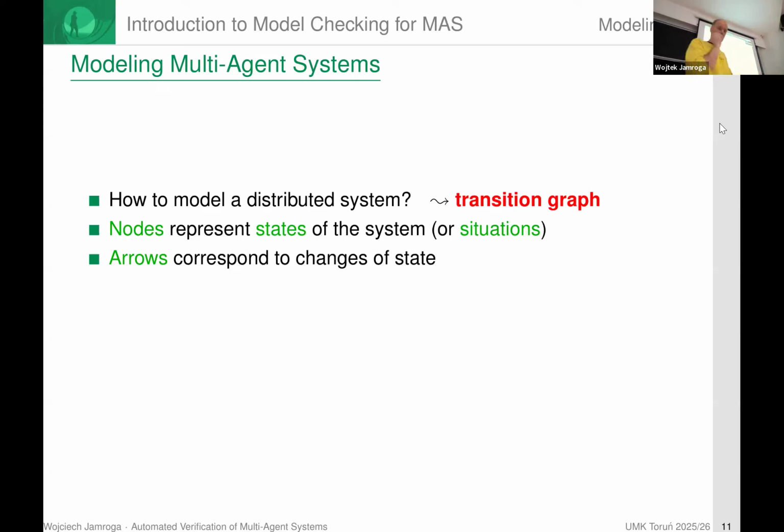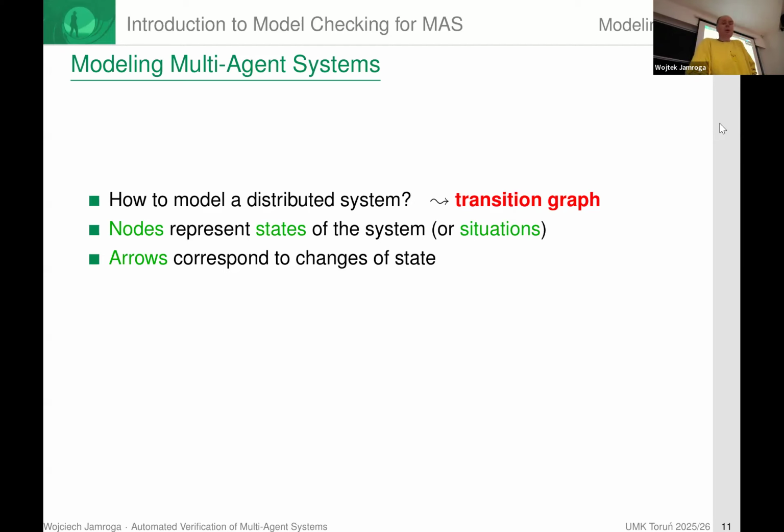So, how to model a distributed system? There's a very powerful idea in computer science. Use a transition graph. If you think of block diagrams, control flow diagrams, data flow diagrams, and so on, these are basically all some flavors of transition systems where the nodes correspond to the states of the system or situations, let's say, in a more general term, and the edges correspond to transitions or changes of state.